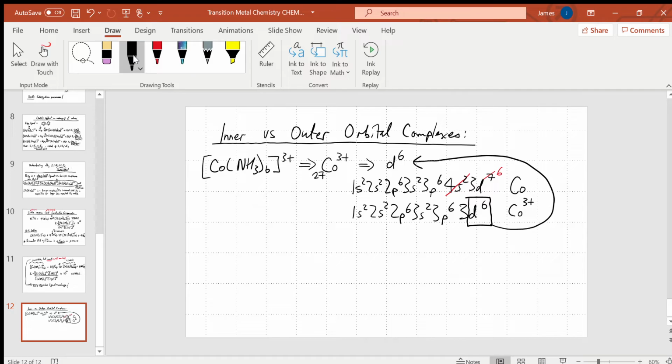Now we have to form an octahedral field, or an octahedral field has formed, but we need to explain that. So from valence bond theory, we might expect sp3d2.